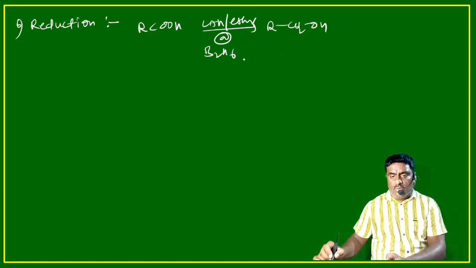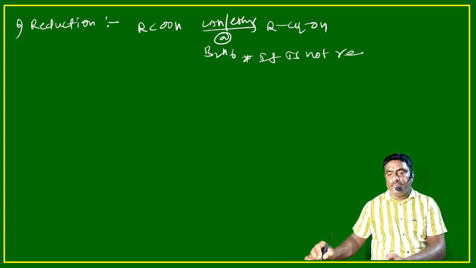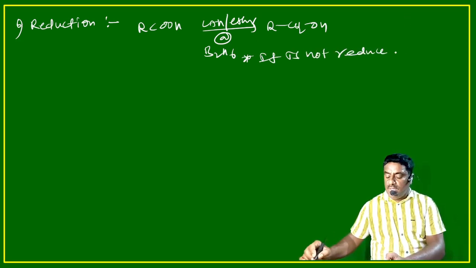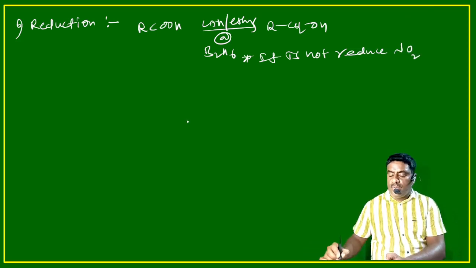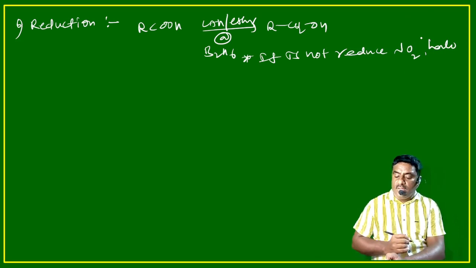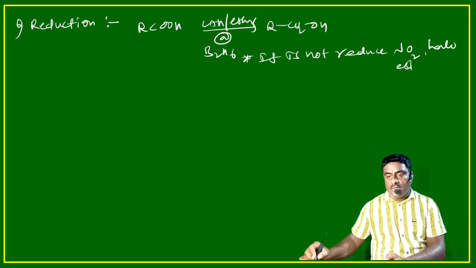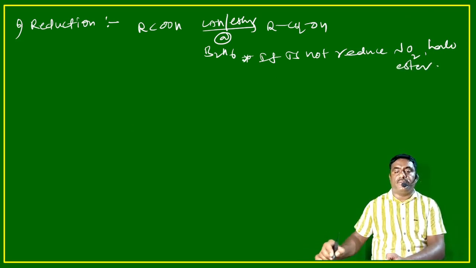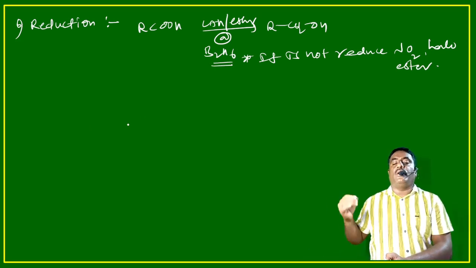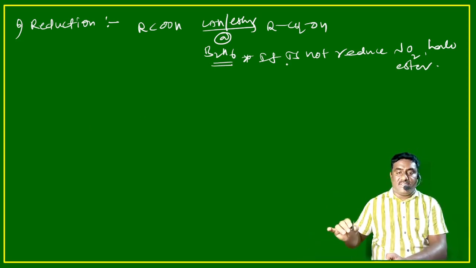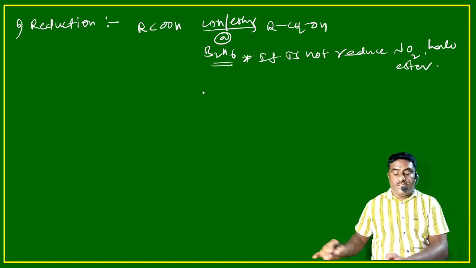Diborane does not reduce NO2 groups, halo groups, or ester groups. Only carboxylic acid is reduced.